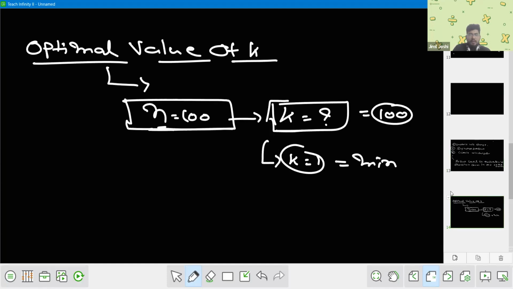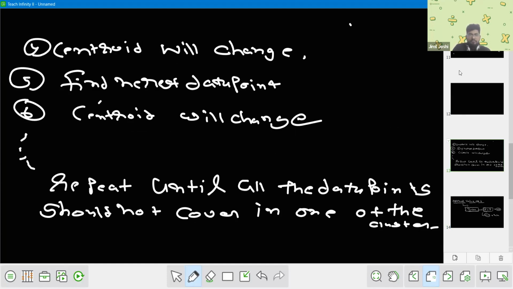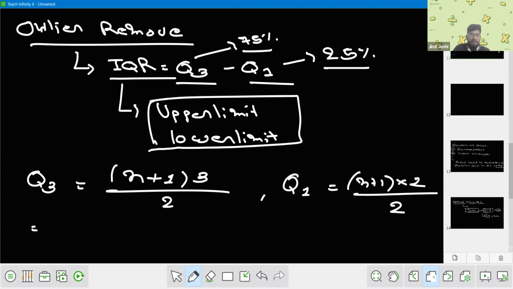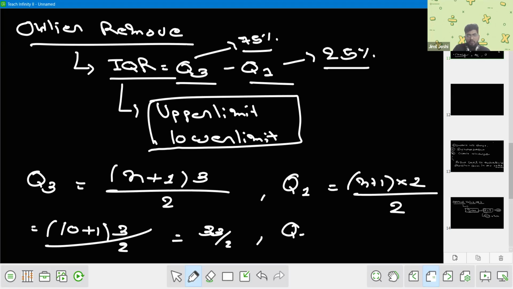For Q3, we have 10 values. 10 plus 1 is 11. 11 into 3 is 33, divided by 2. Q1: simple, N plus 1 is 11, divided by 2.